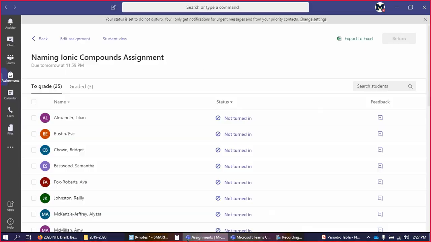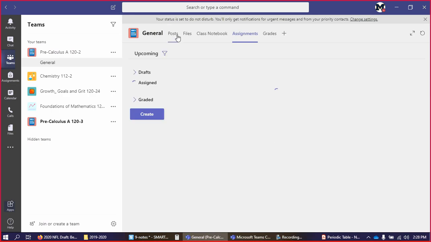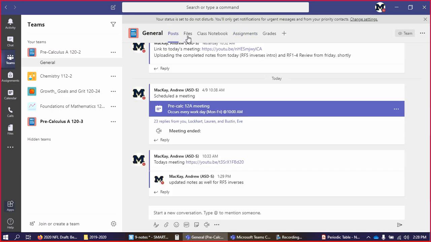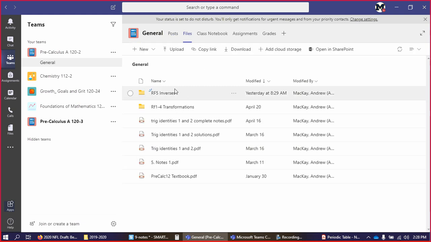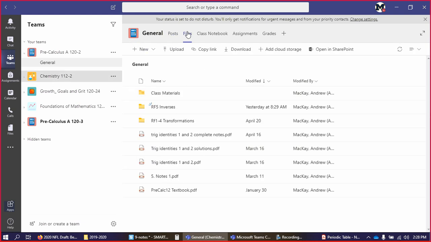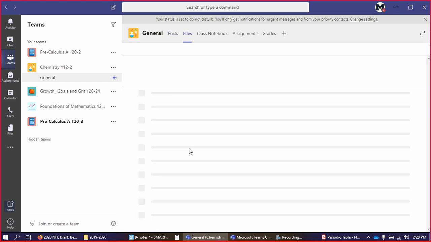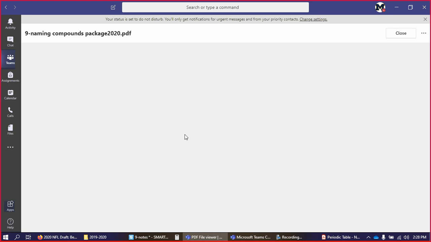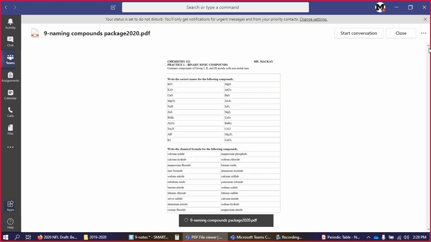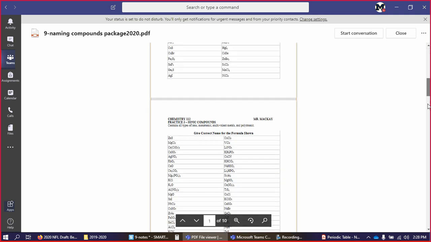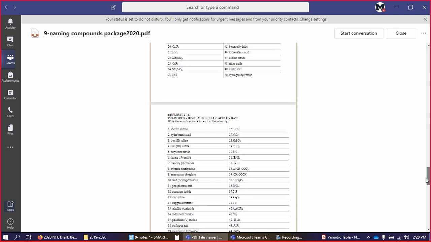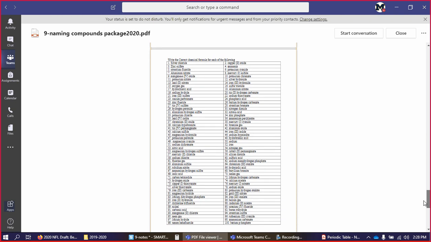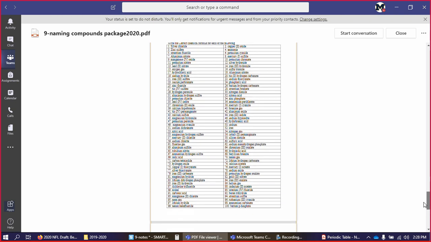I did post files. It's part of the naming compounds package 2020. There are 2 pages at the end that, if you're a super nerd like me, I don't know if I'm going to have time to do this year. These came out of a book called the Hebden Problem Manual.